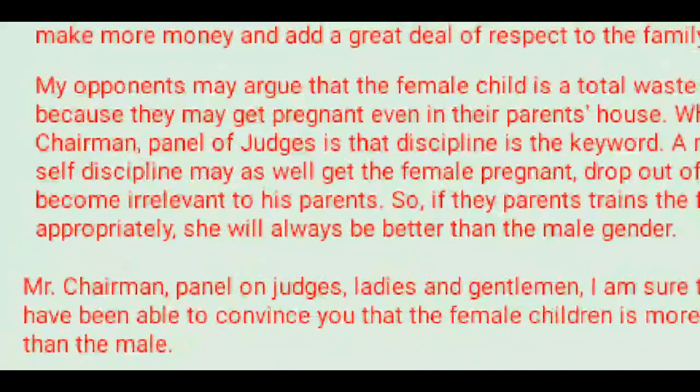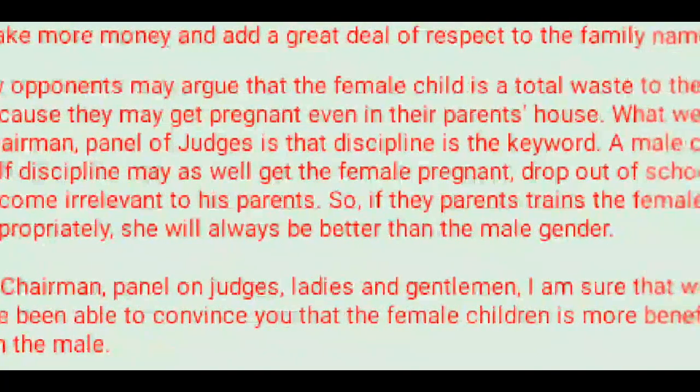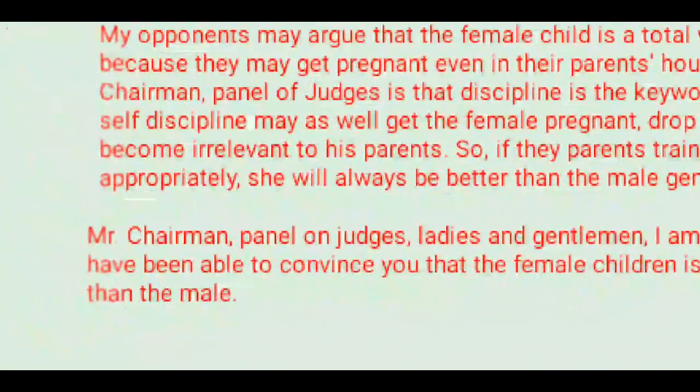But then the writer counters that point with a superior claim that even the male child can drop out of school. Yes, they can drop out of school because they get a female pregnant. So the key word is parents should train their female child appropriately. If they do so, the female child will always be better than the male child.